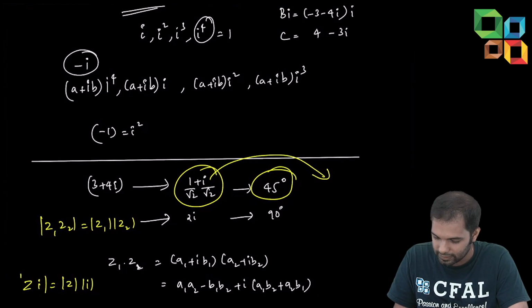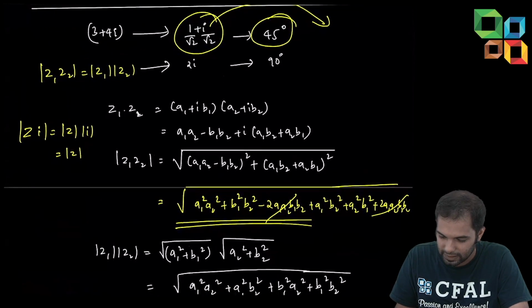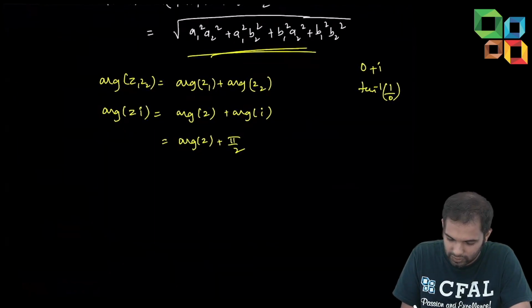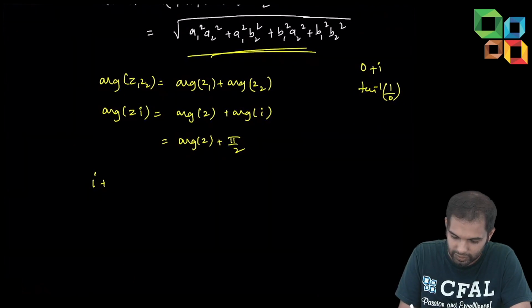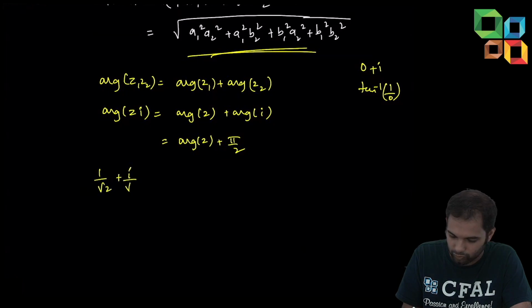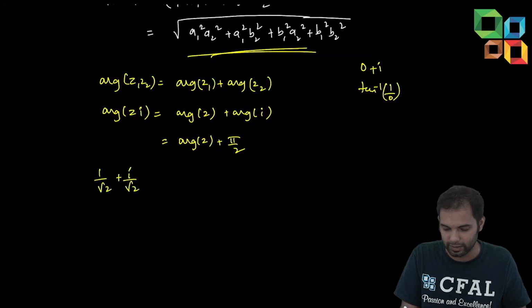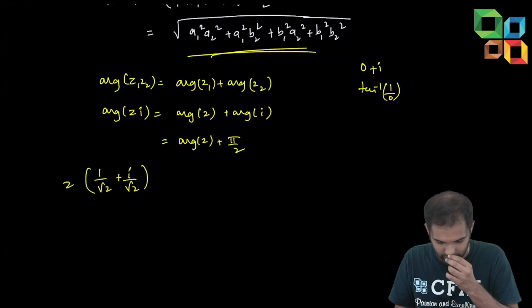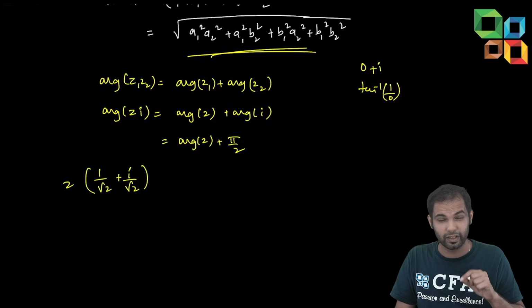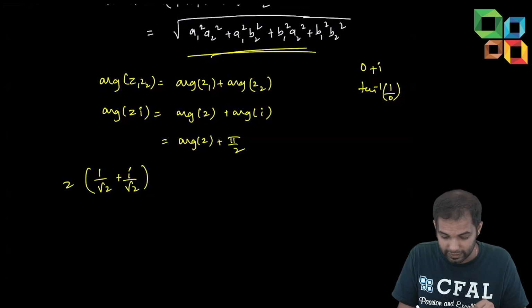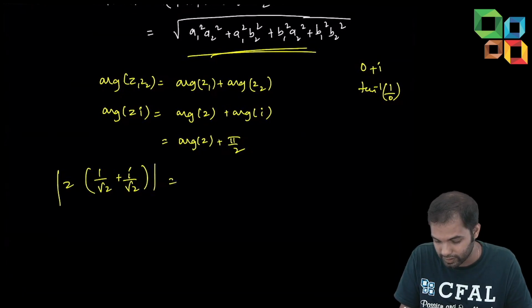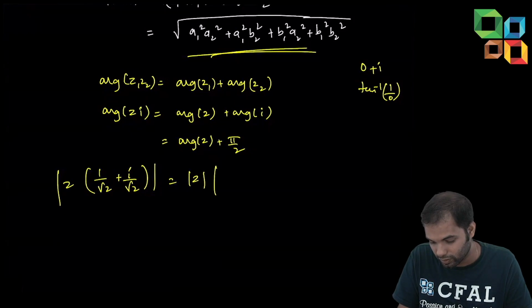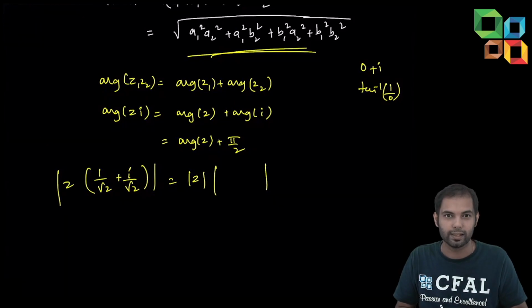Look at this. It is what? It's 1 plus I, right? So it's 1 by root 2 plus I by root 2. Fine. So if I multiply this to any complex number, what should happen? That's what you figure out. I gave this number specifically because look at the magnitude now. The magnitude is the magnitude of z into the magnitude of this number, right?